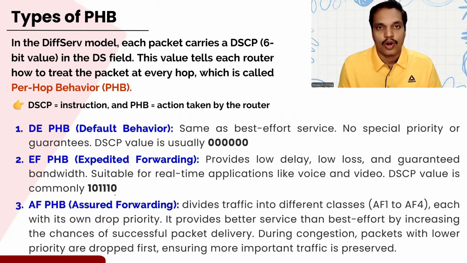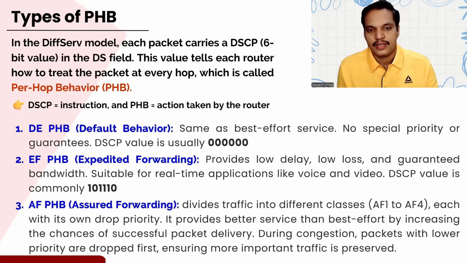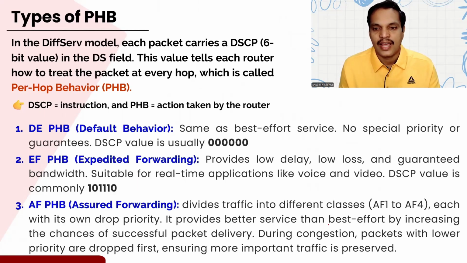The third one, called assured forwarding PHB, actually divides traffic into different classes: AF1, AF2, AF3, AF4, each with its own drop priority. What it does is it provides better service than best effort by increasing the chances of successful packet delivery. During congestion, packets with the lower priority are dropped first, ensuring more important traffic is preserved.